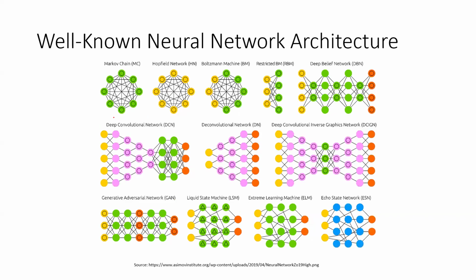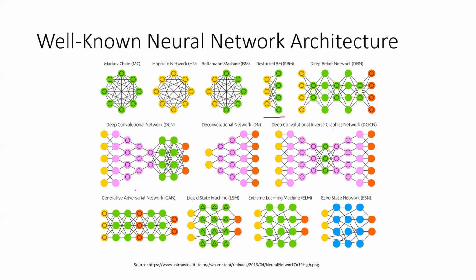And there are some other types of neural networks like Markov chain, Hopfield network, Boltzmann machine, and restricted Boltzmann machine. Actually, this restricted Boltzmann machine was the initial form of neural networks that were designed for back propagation. And there are some other forms like deep belief networks and deep convolutional networks.